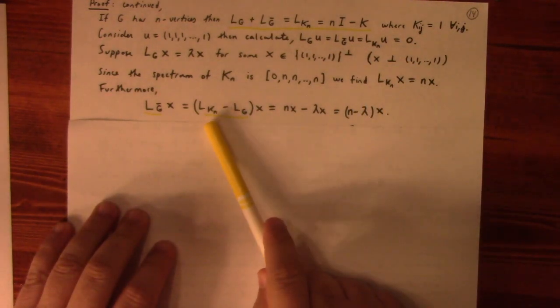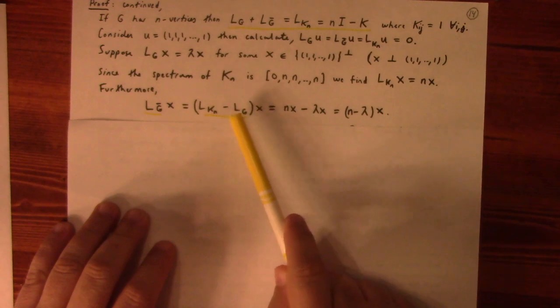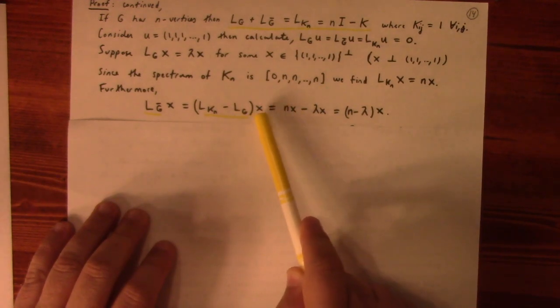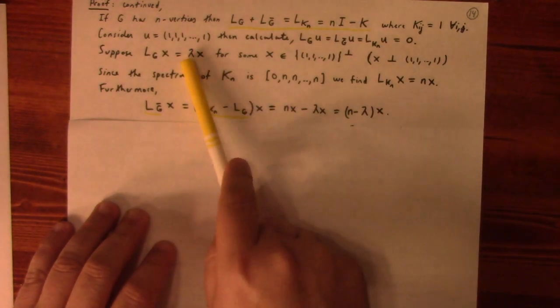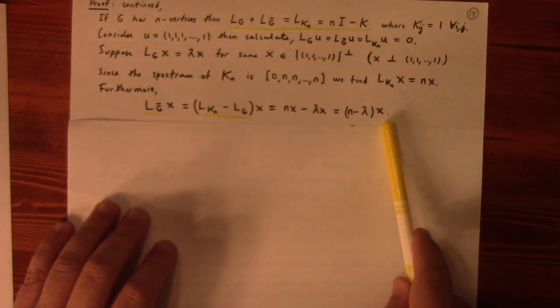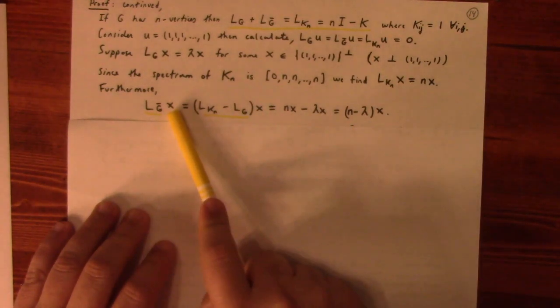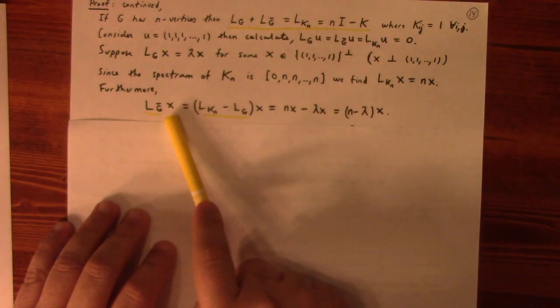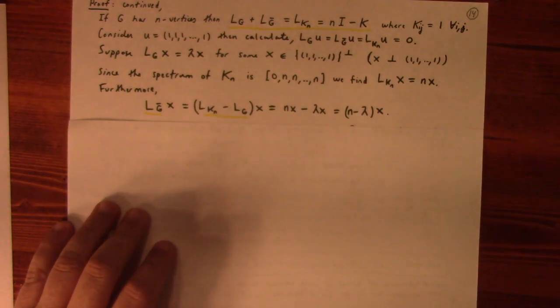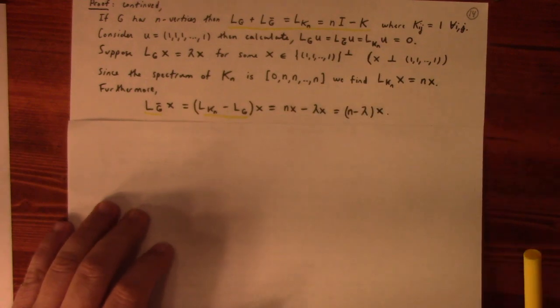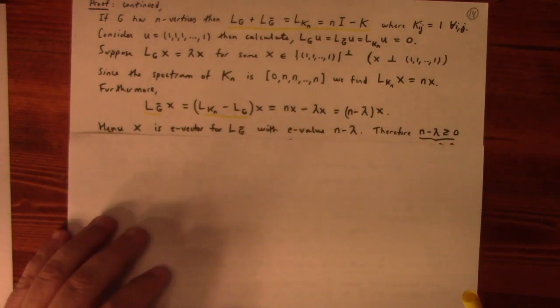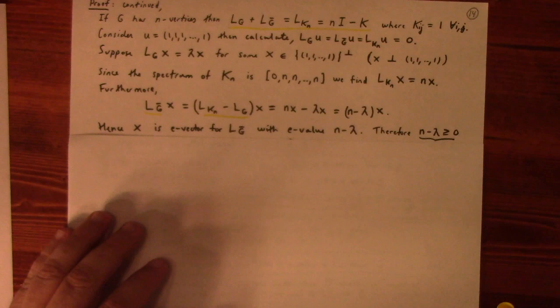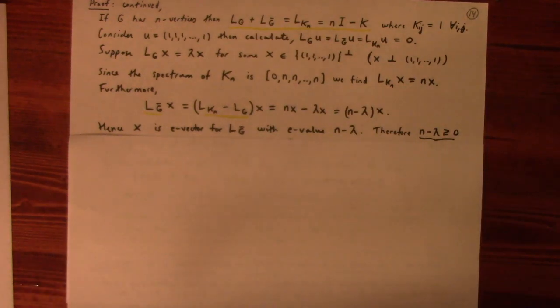So that minus that, but remember, this times that gives me nx, that times that gives me lambda x by assumption, and so we get n minus lambda times x, which means that x is both an eigenvector for the graph Laplacian, but also its opposite, right? Which is kind of neat. I wonder what that means, that the eigenvectors are shared between the graph and its complement.